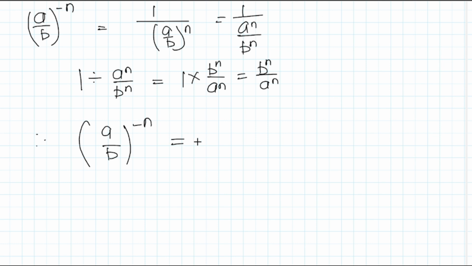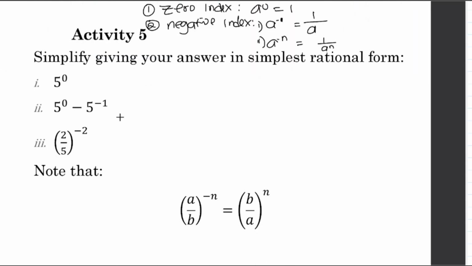The minus will turn the bracket upside down. Then you have b over a all raised to power n, and you can now expand to b raised to power n over a raised to power n. So it's a shortcut, okay? Now let's look at our examples briefly.